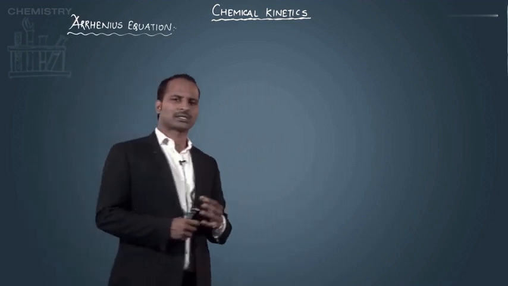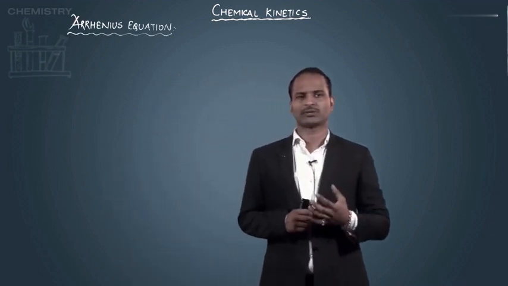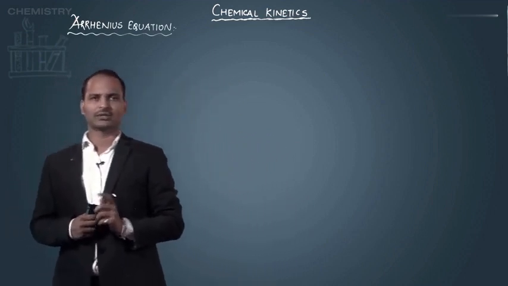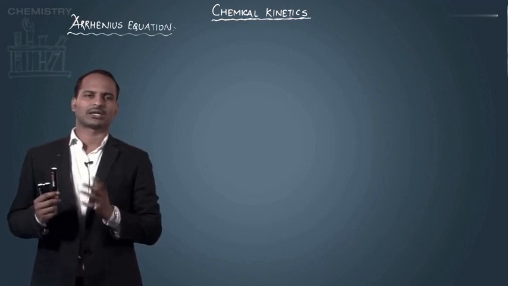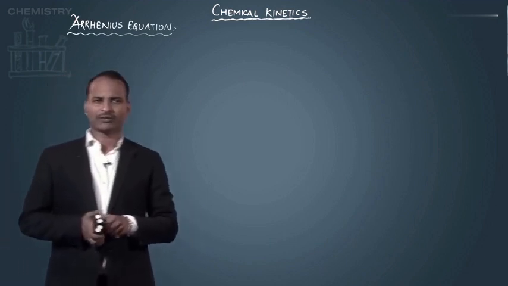It tells us about the theoretical proof which gives the relationship between the temperature and the rate of reaction. Instead of rate of reaction, I can say it gives the relationship between the temperature and rate constant. Now let's see what the Arrhenius equation is.